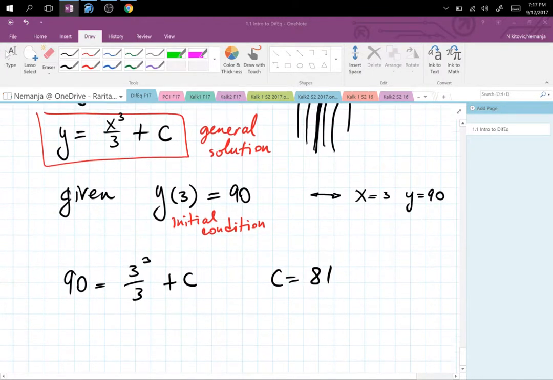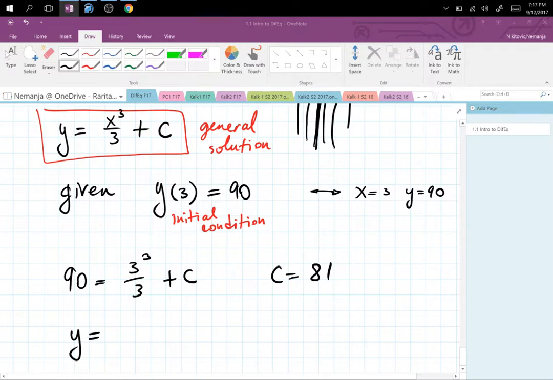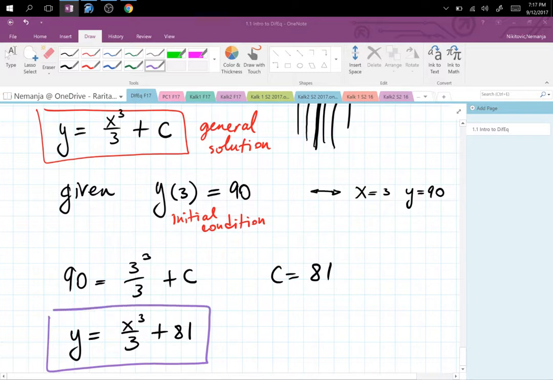So now, what you have is y equals x cubed over 3 plus 81. And this creates a new creature called the particular solution. Now it's the solution for that point.